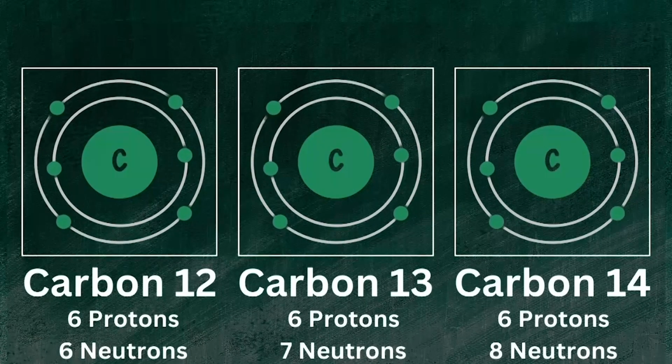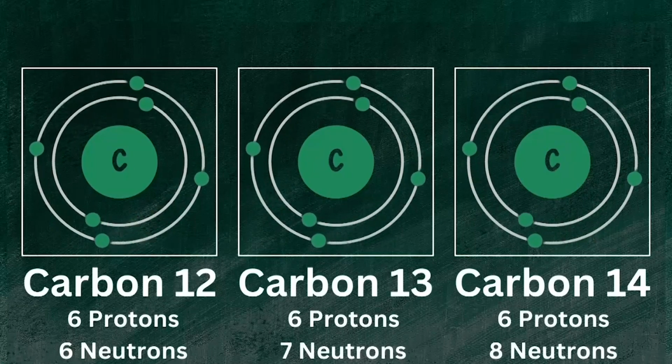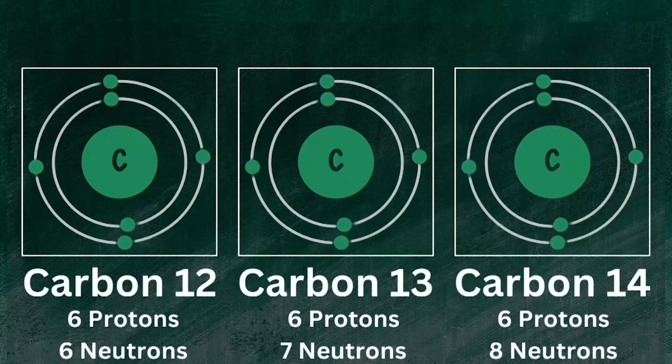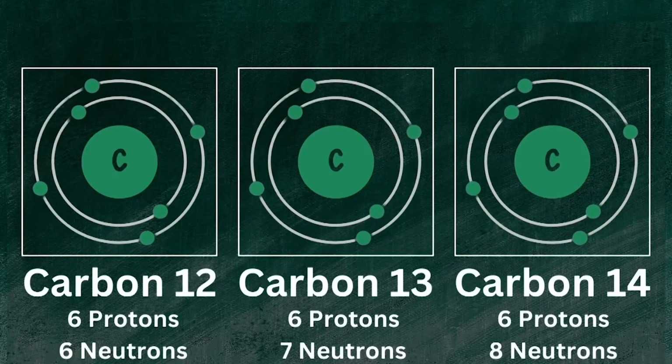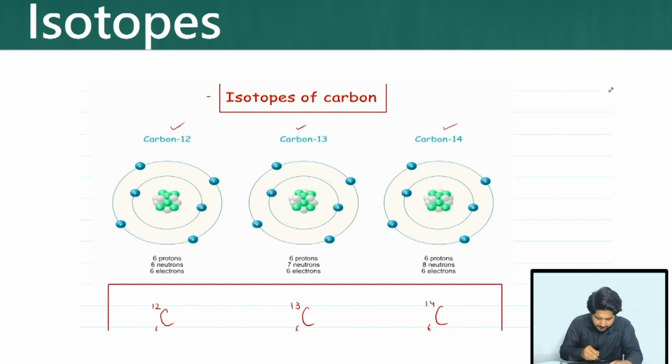As you can see here, I have mentioned 3 isotopes of carbon. Carbon 12, carbon 13 and carbon 14. These are the 3 isotopes of carbon, because all these 3 atoms have 6 electrons. 6 protons, 6 electrons.